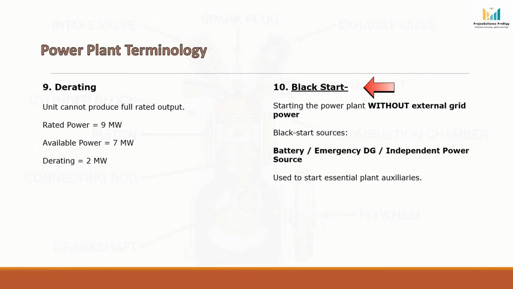This black start genset supplies electricity to the essential equipment which is required to start one main engine. Once the main engine has been started and synced with the grid, the black start generator is stopped. So black start capability helps a power plant to restore after a complete or major blackout without depending on the unavailable grid for its initial starting power.